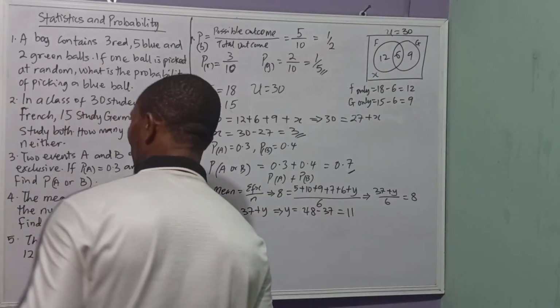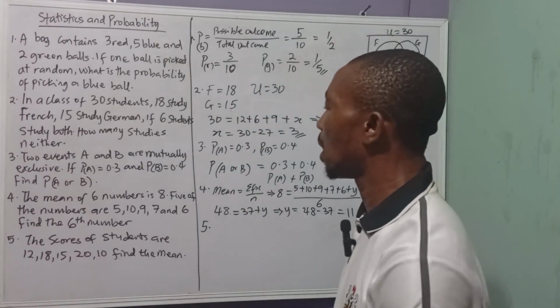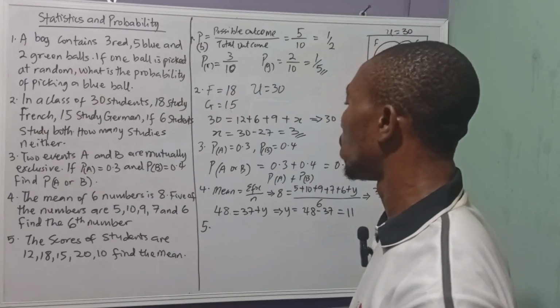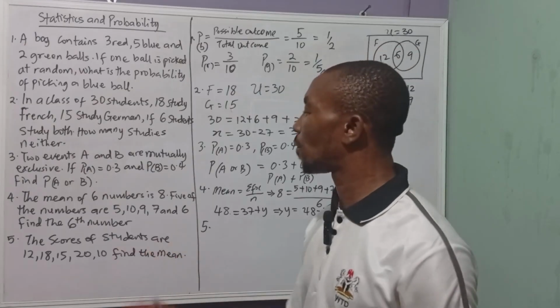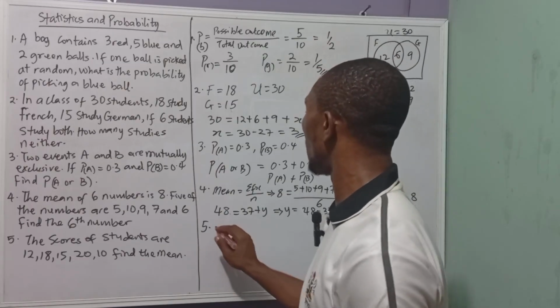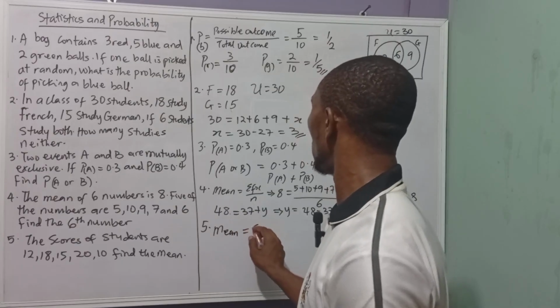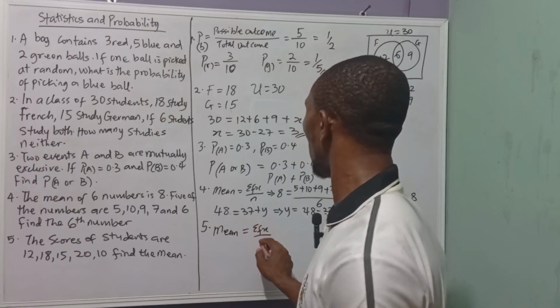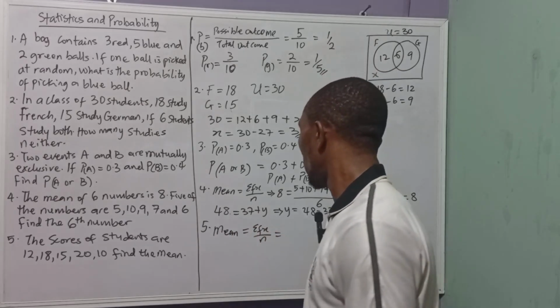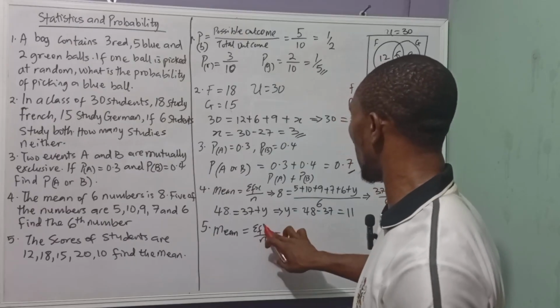Now, to question number 5, it says the scores of students are 12, 18, 15, 20, and 10, and we should find the mean. Now, we know that our mean equals Σfx over n, or in this case Σf over n.